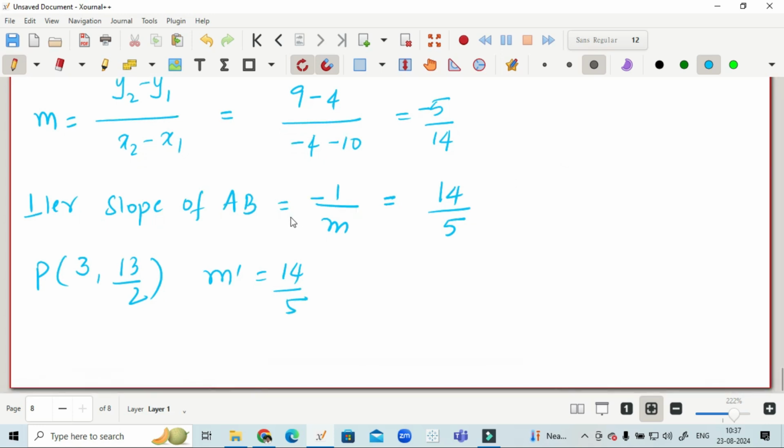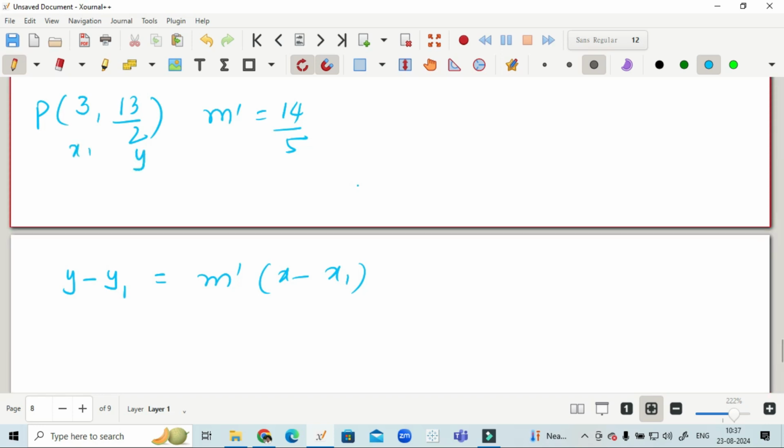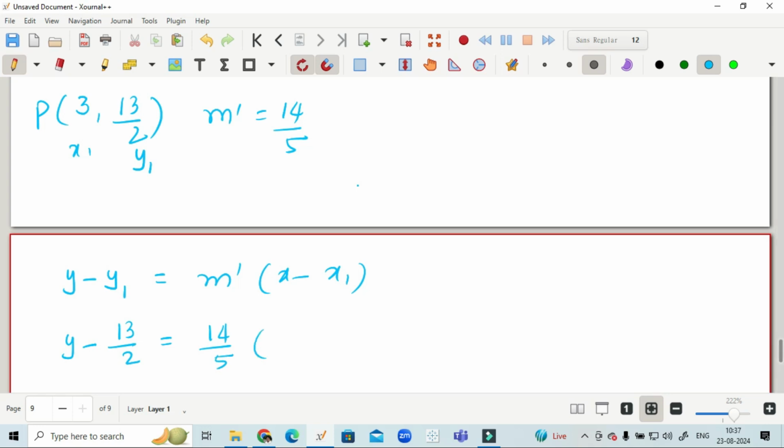So point slope form. Point slope form is what? y minus y1 is equal to m dash into x minus x1. This is x1, this is y1. So y minus 13 by 2 is equal to m dash into x minus x1, 3.